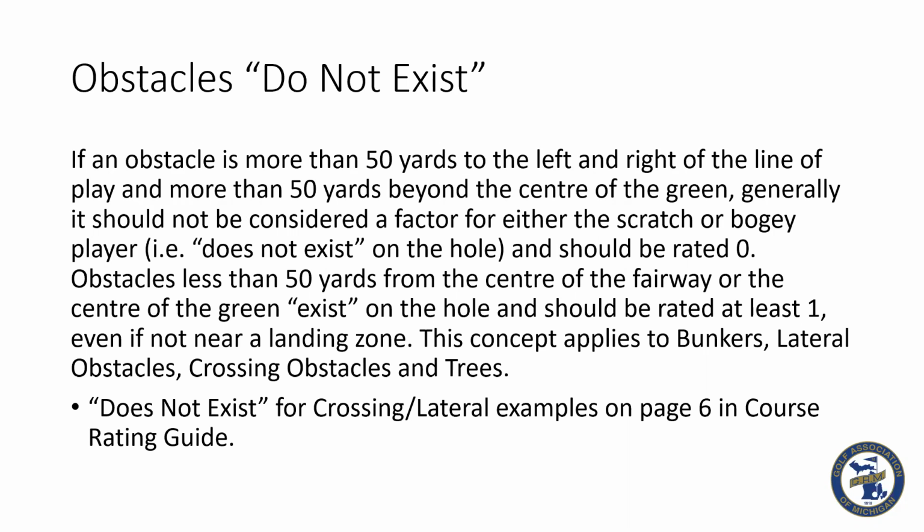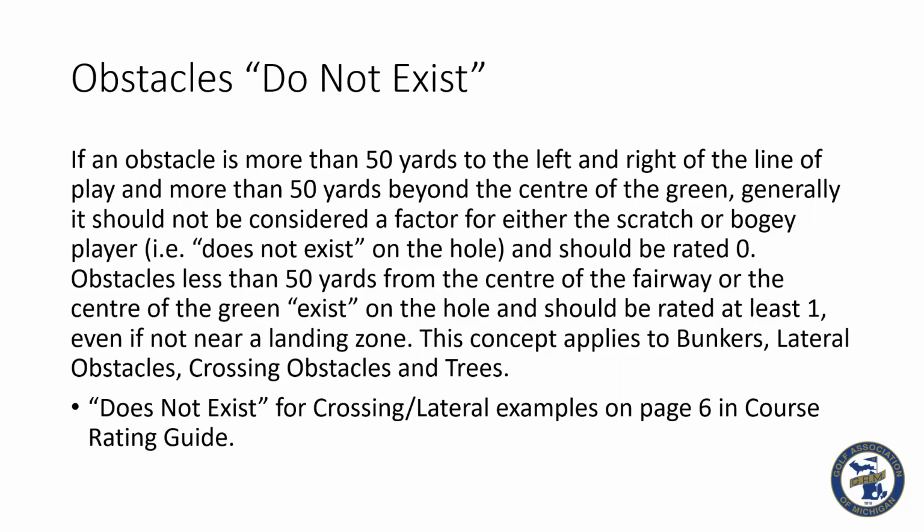The correct rating would be 1. Right. So basically what they're saying is that it exists there. You do have to cross something, but typically it would be 0. But since there's nothing else on that hole, you're going to get a 1 on the lateral. That's what it says, right? On the lateral. It comes into play because there's nothing else.